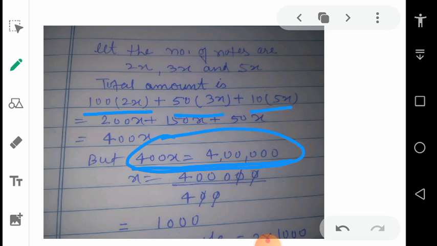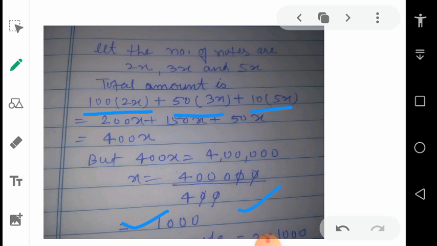So 400x equals 4 lakh, then x equals 4 lakh upon 400, because multiplication is converted into division after changing the side. Cut the zeros, and finally we have 4000 upon 4, which is 1000.